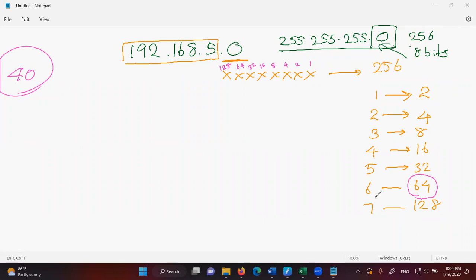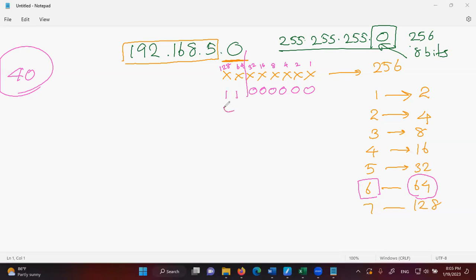Then we need 6 bits. So this divides from right here. We are going to indicate that we use these 6 bits for hosts with 0, and 1 for the other 2 bits, because we are going to assign these 2 bits to the network.